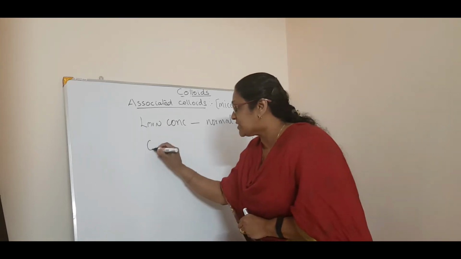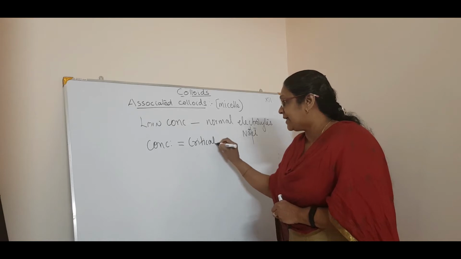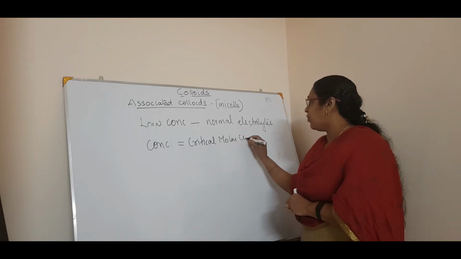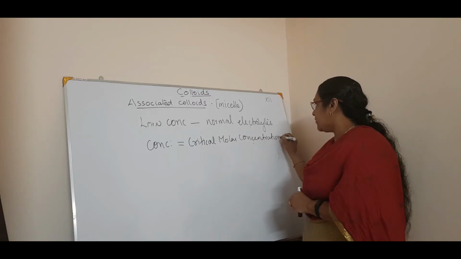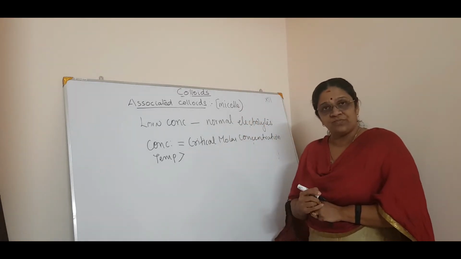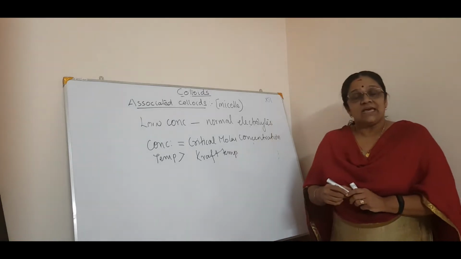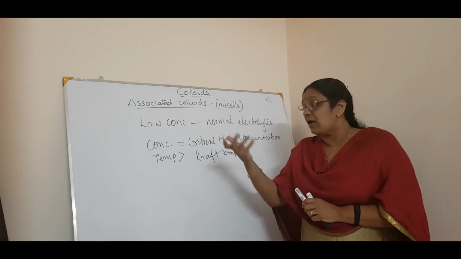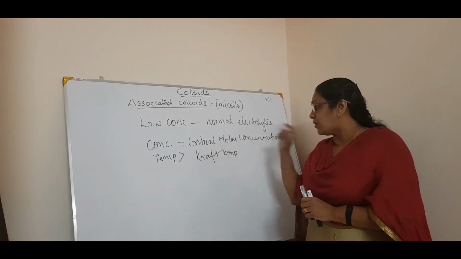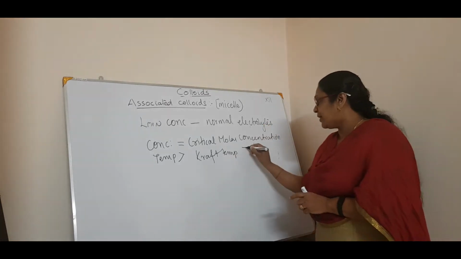But above that particular concentration, which is called the critical micelle concentration, CMC, and if the temperature is above some value, which is called the Kraft temperature, represented as Tk.